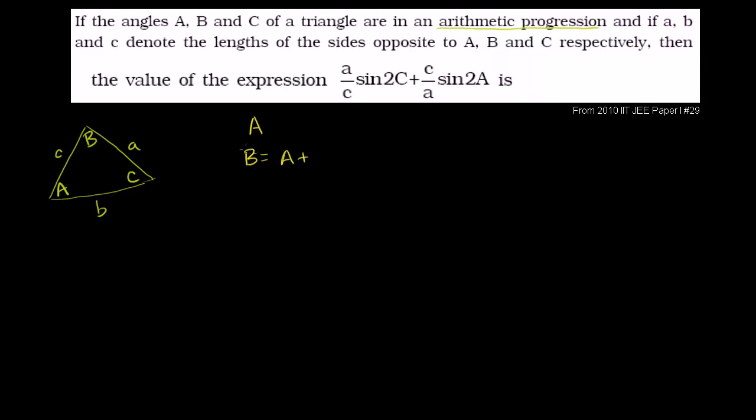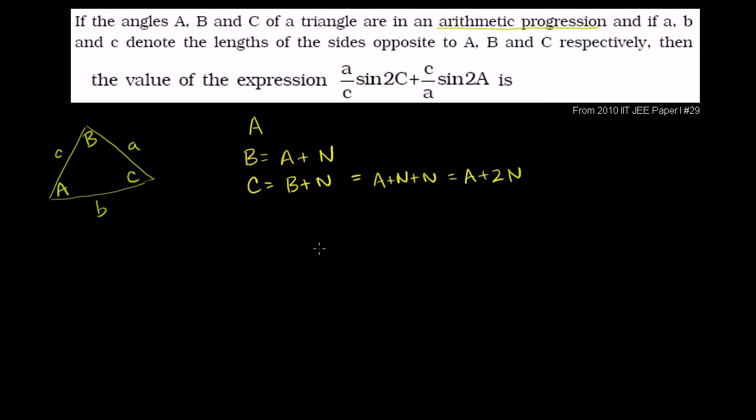We don't know what that is. It could go up by 1, by 2, by 10. So B is A plus n. And then C would be equal to B plus n, which is A plus n plus n, which is A plus 2n.